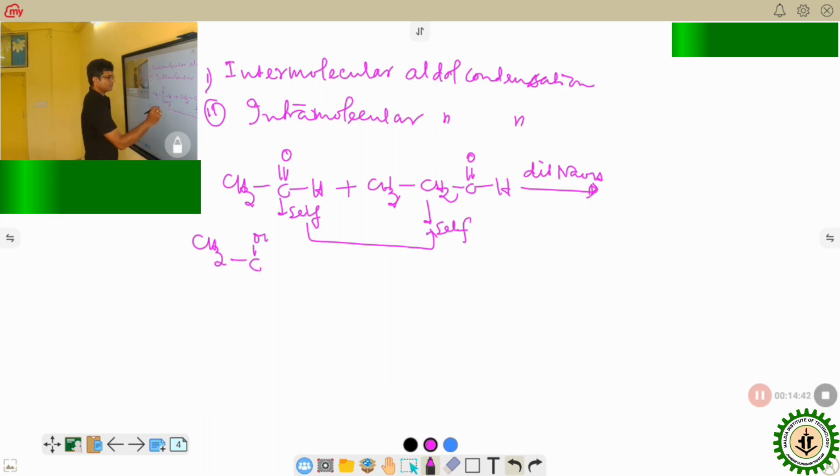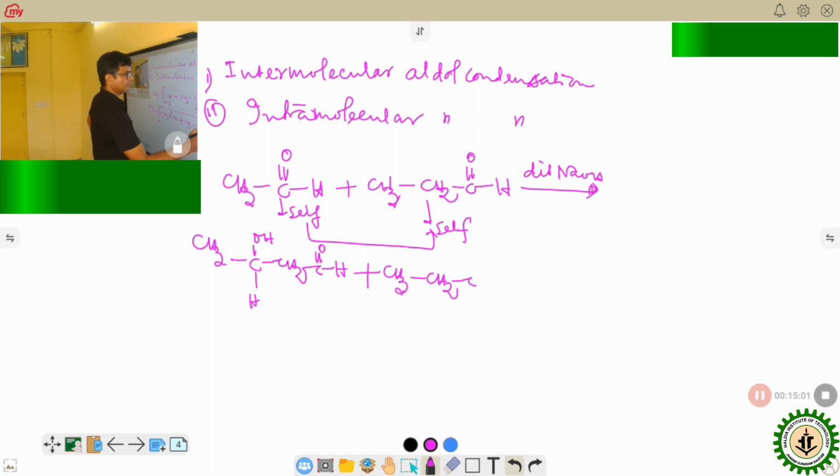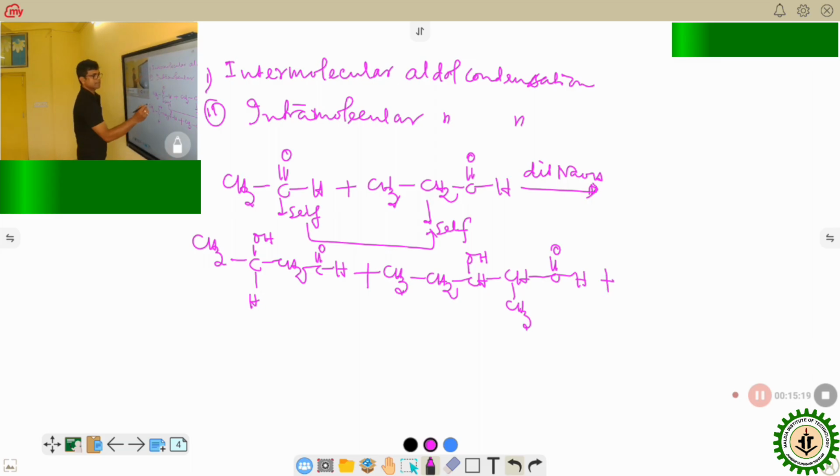From each aldehyde, this aldol is formed first. From this also self aldol is formed, plus two cross products are formed. What are the two cross products?